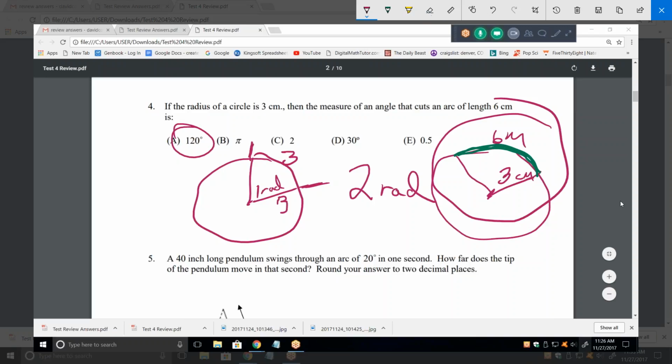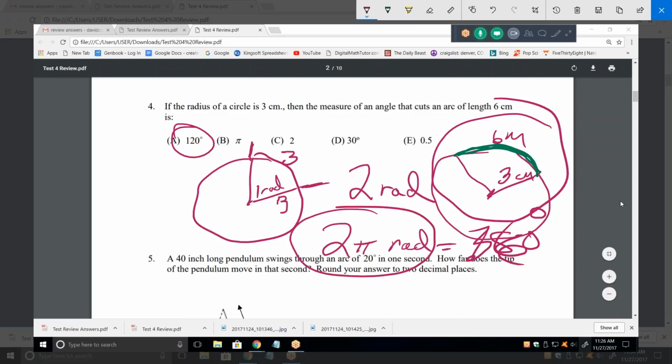So 2 pi radians equals, I'm sorry, I mean 360 rather. A full way around the circle is 2 pi radians, which makes 1 radian, since pi is 3.1, yeah, it makes 1 radian.